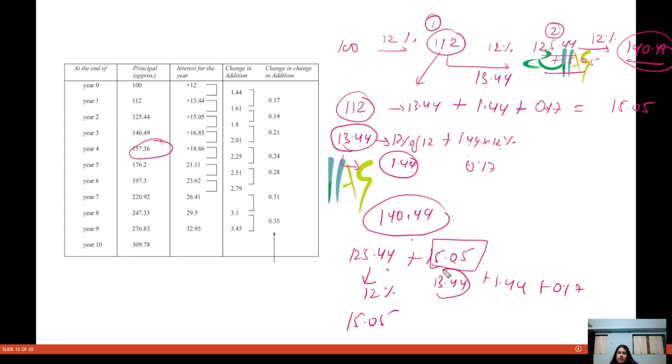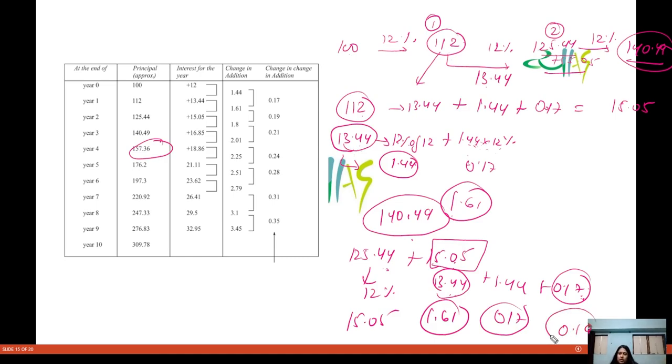Now you know 12% of 13.44 is how much? 1.44 plus this 0.17, that is 1.61. Okay, 1.61. You know 12% of this as well, 0.17. Now you just have to know 12% of this one. Okay, so that will come to be 0.02. Just add this and add it to this number.